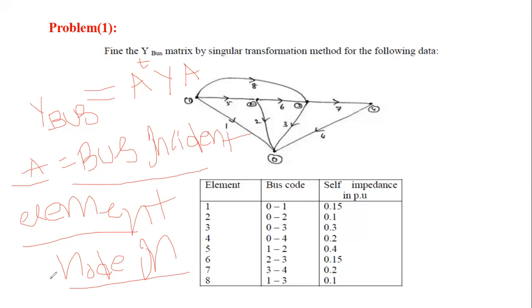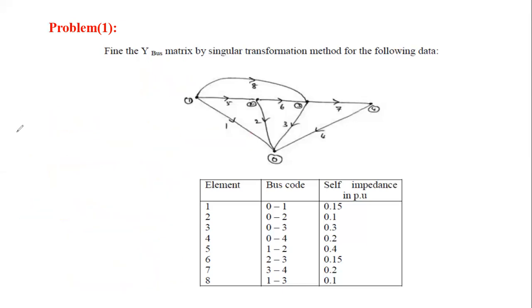First of all, what is the procedure for forming the element node incidence matrix? Let us recall that. Alpha PQ is equal to 1 if the pth node is incident to the qth node and the element is directed away from the node.